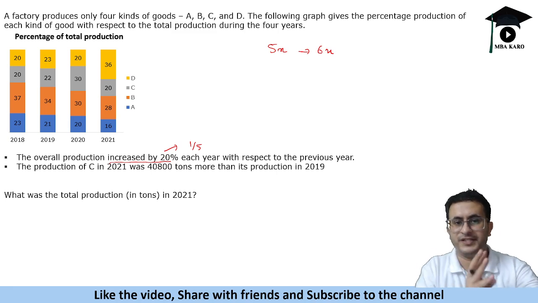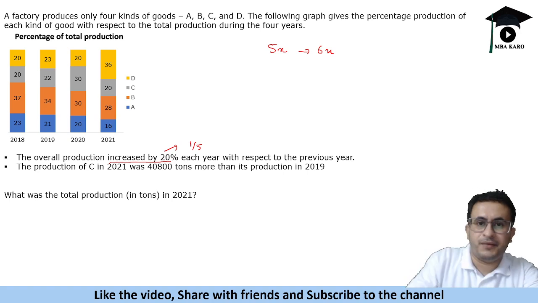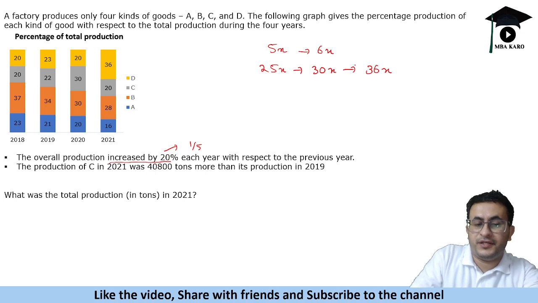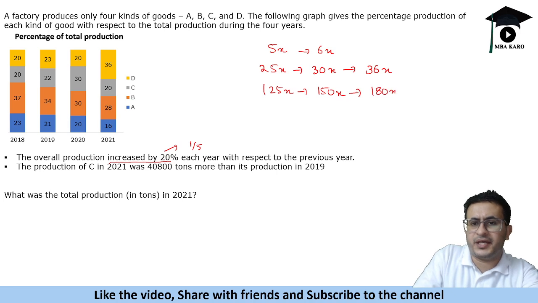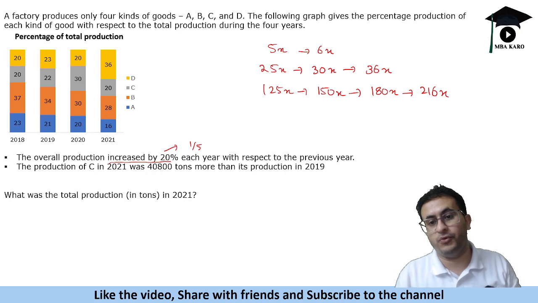Like if you have to increase from 2018 to 2019, you will take the variables 5 and 6. But if there is an increase 2 times, you take 25, 30 and 36. If there is an increase 3 times, take the values like this: 150x, 180x and 216x. It is all about taking variables. So if you watch the previous class, I told you that in percentages it is all about taking variables.